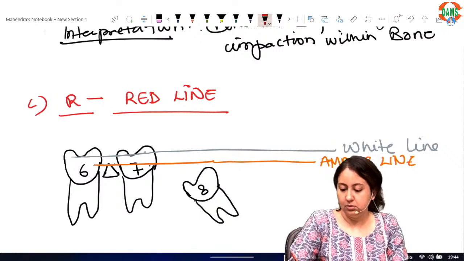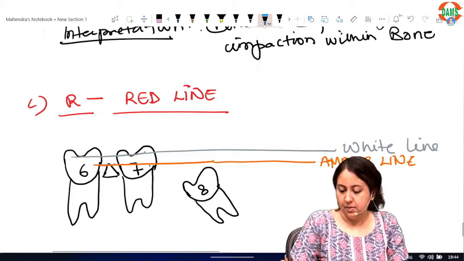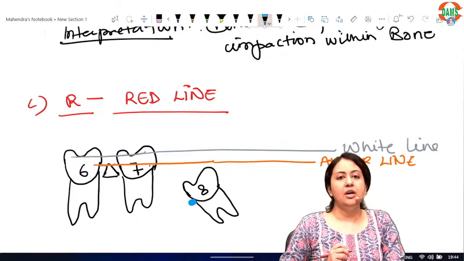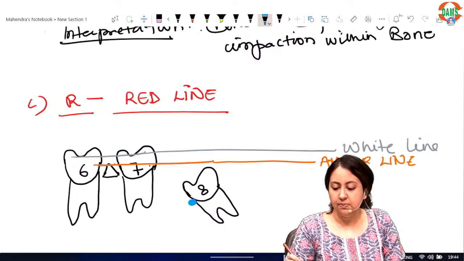Now I am drawing one blue dot here. Now what is this blue dot? The blue dot is your point of application of elevator. You will apply your elevator at that blue dot. Okay, so what is the red line?